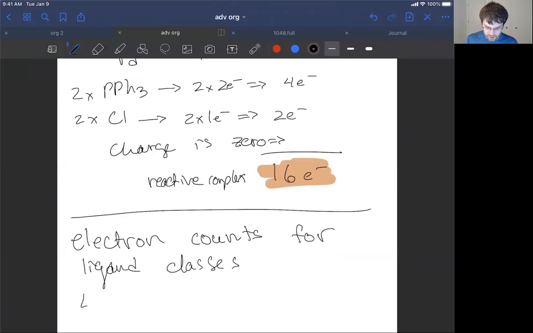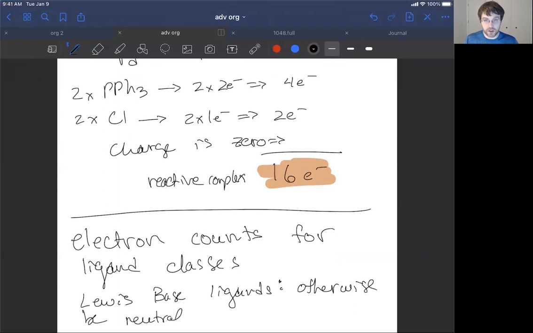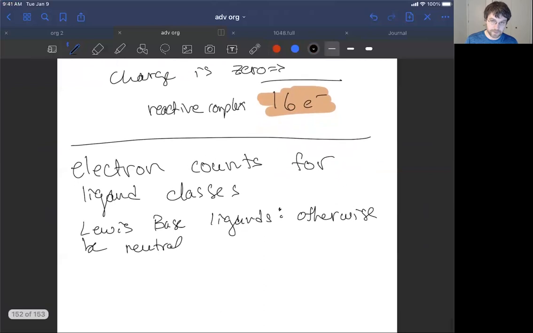We have seen Lewis base ligands. The way I think about these is these would otherwise be neutral. So these things, on their own, without the transition metal, would just exist as neutral things.